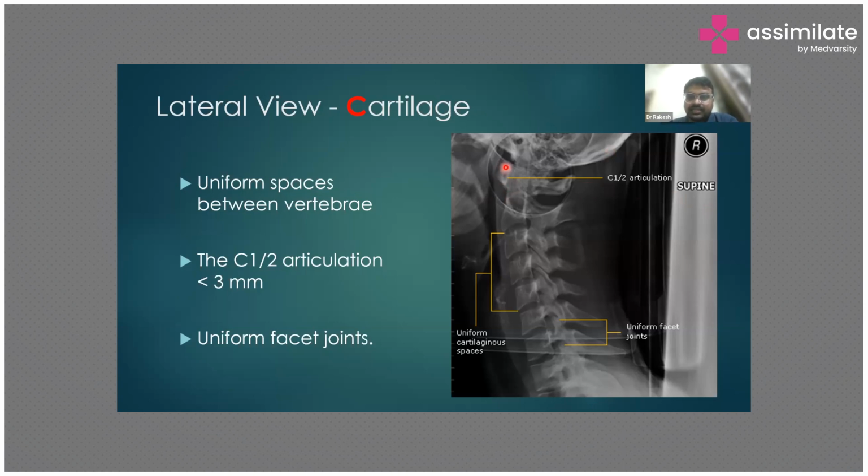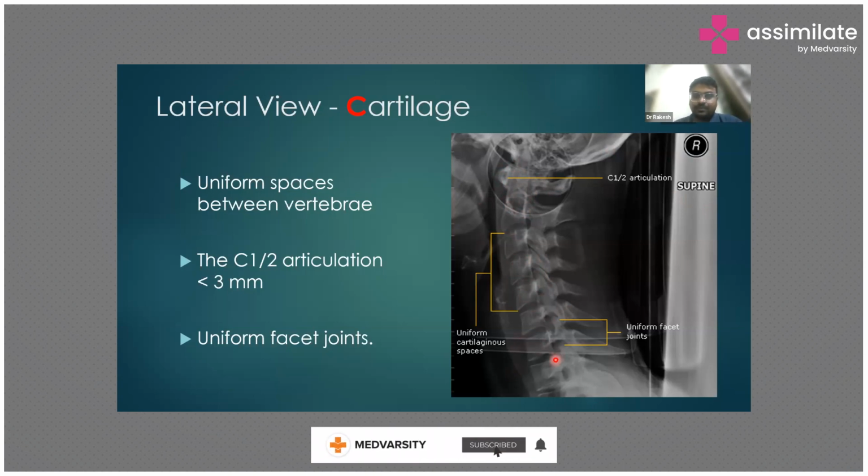So this is your C1 arch and this is your C2 peg. This is the soft tissue, cartilaginous distance between your C1 and C2 articulation space, and it should be less than 3 millimeters. Each intervertebral height should be fairly equal.